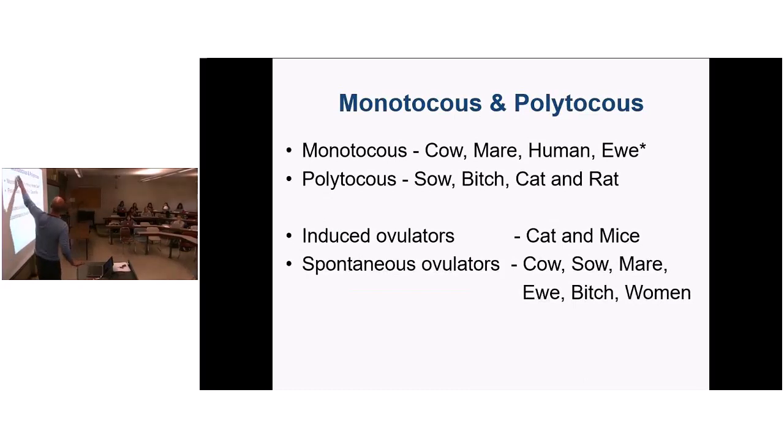Again, this name, monotocous or polytocous animals. Monotocous tends to give only one offspring at a time, so they tend to ovulate one. Ewes, I put an asterisk there because with sheep, you have some breeds that have been bred through the years to genetically be more like even twins. So it is very common for sheep to have twins. In other species, mares, it's extremely rare to have twins. Humans, somewhat.